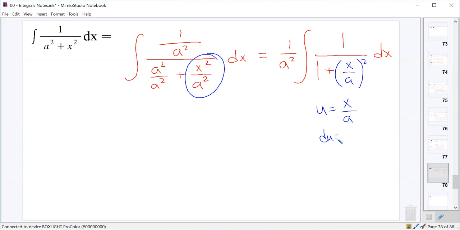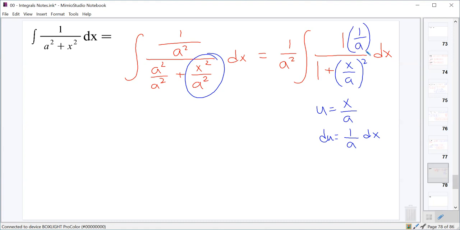Well, the derivative of x over a constant is just 1 over that constant. So 1 over a dx. Well, unfortunately, I don't have 1 over a there. I could have if I hadn't pulled out the 1 over a squared, but I don't. So let's just multiply by 1 over a.